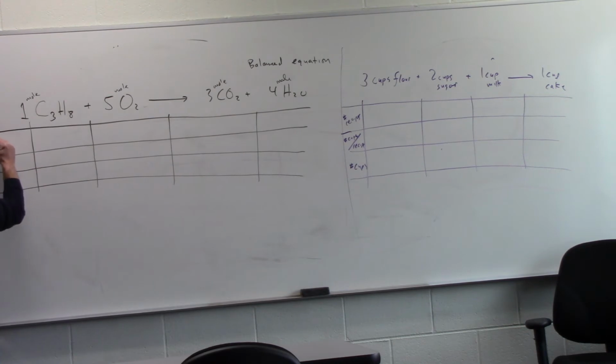We can still use recipes, because basically this is a recipe. It says, for every recipe of this reaction, I need 1 of these, 5 of these, and then make 3 and 4. The difference is, instead of having cups per recipe, this is going to be number of moles per recipe. And down here is the number of moles.